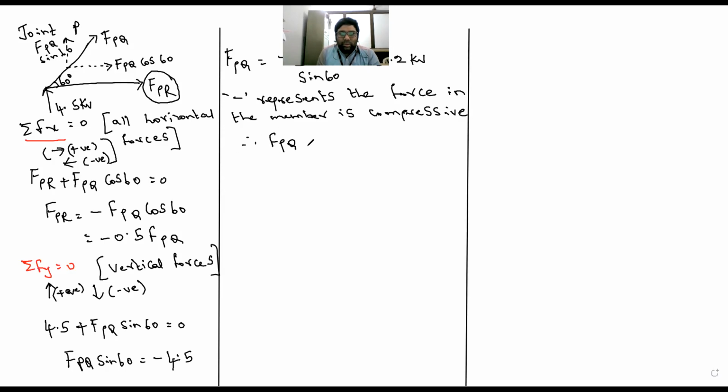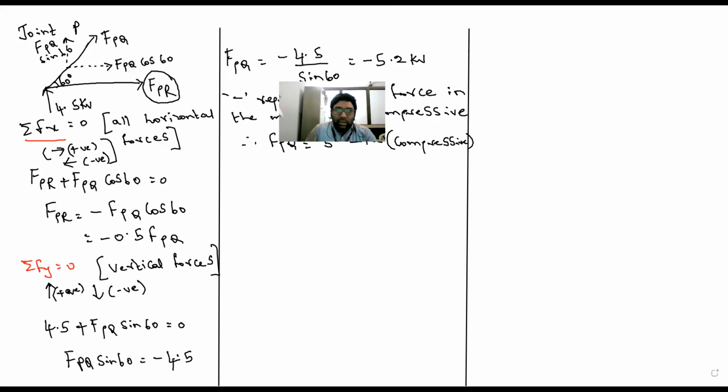Therefore, FPQ is equal to 5.2 kilonewton in brackets compressive. So please don't write minus here. If you write minus 5.2 and in bracket compressive, that means minus of minus. So that is not correct, right? Wonderful. So we are moving good and we are on the right track.